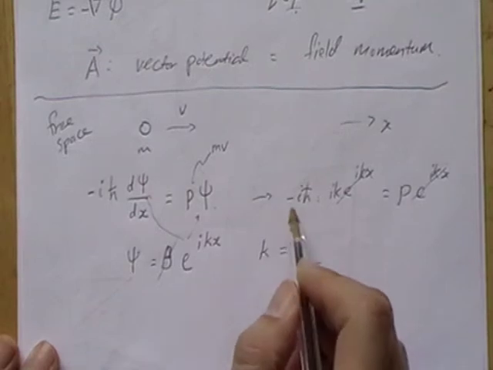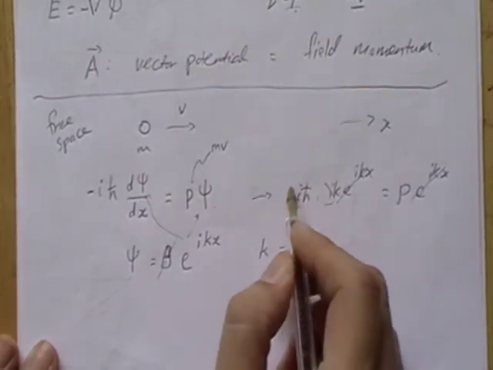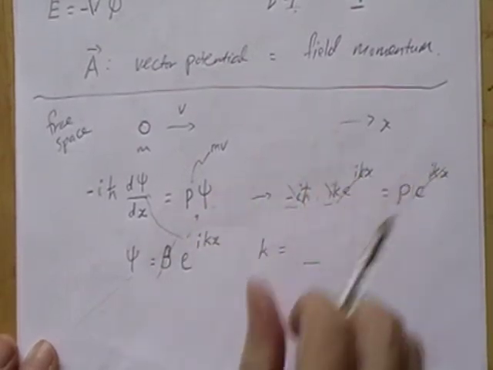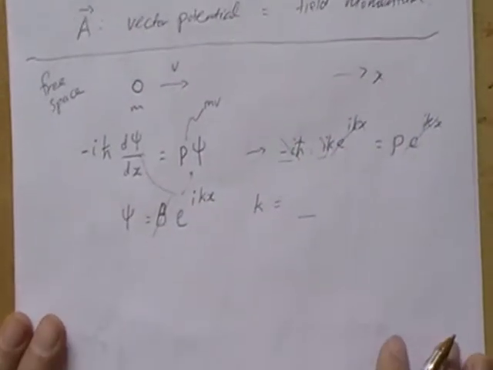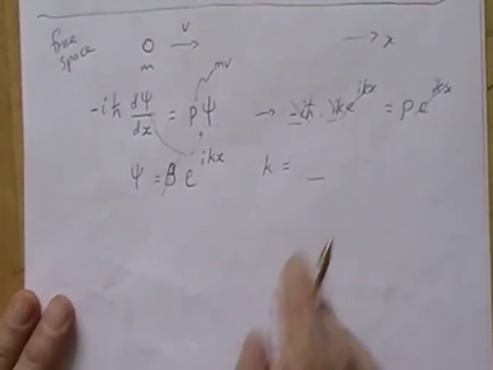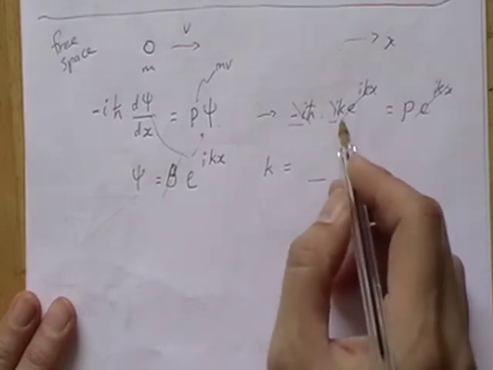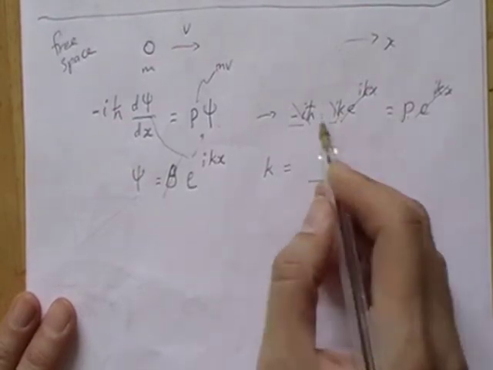Minus i times i is 1, so we can cancel those. And then we can find k. That's just p over h bar.